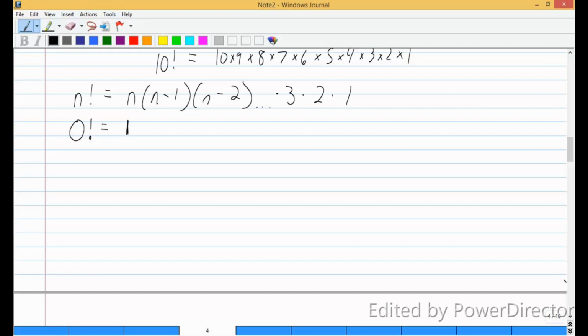Okay? If we're worried about order, then that's called a permutation. Okay? So a permutation is a specific order or arrangement of objects in a set.